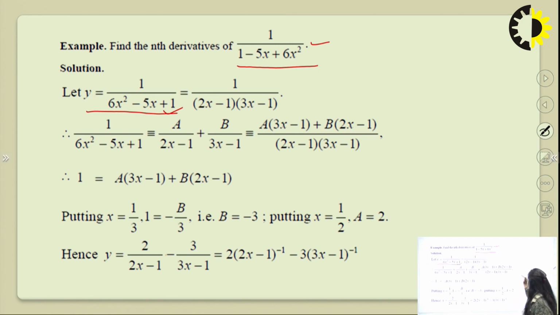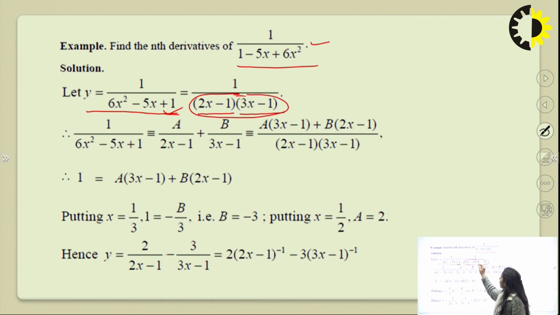Standard function means (ax plus b) power m, (ax plus b) power minus 1, or the a power mx form, or the e power mx form, whose nth derivative we have already found. Firstly we will find the roots of this quadratic equation, so it will be 2x minus 1 and 3x minus 1. Now here the multiplication of two roots.